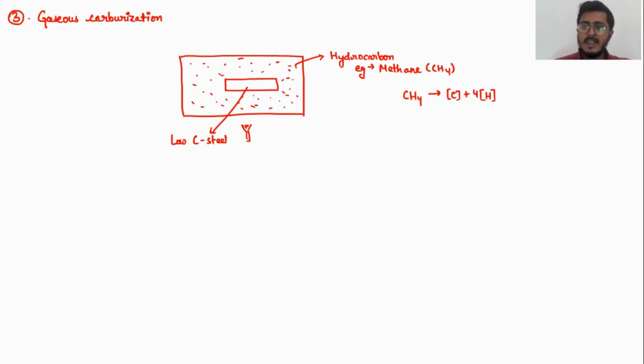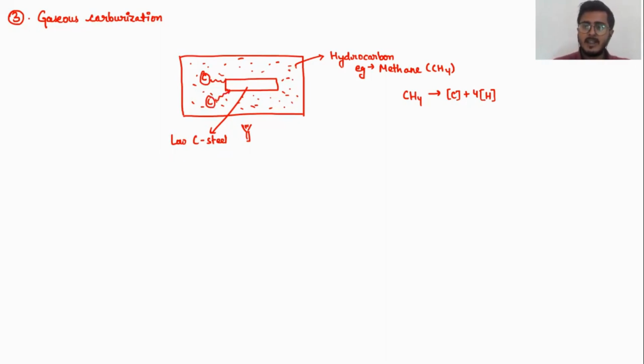So it can easily get absorbed over the surface. On heating this complete system, the carbon will start getting absorbed over the surface of the low carbon steel, thereby increasing its strength.